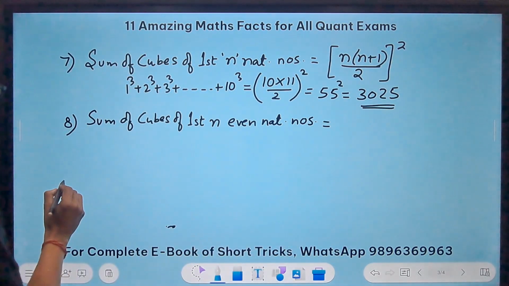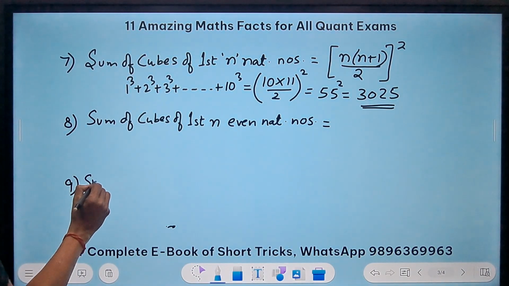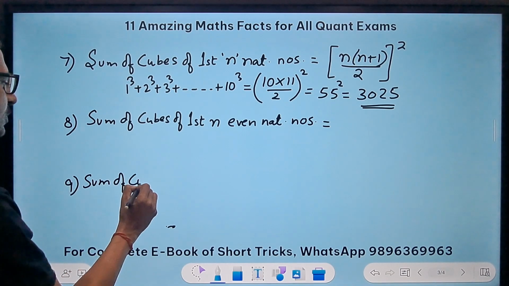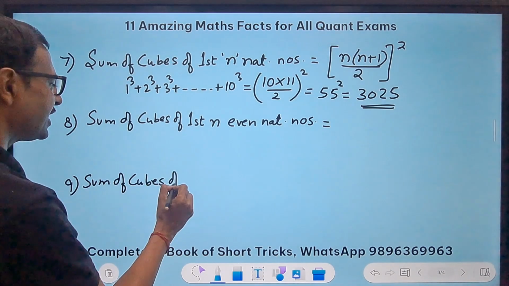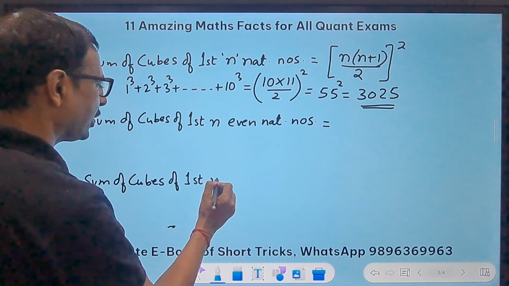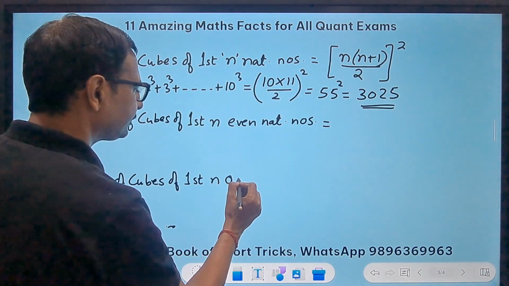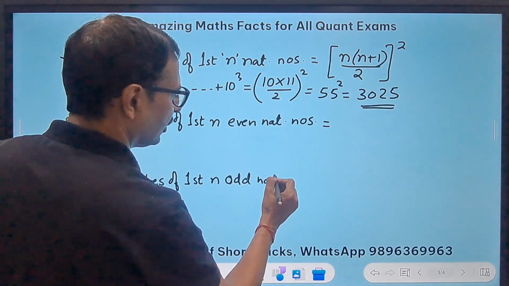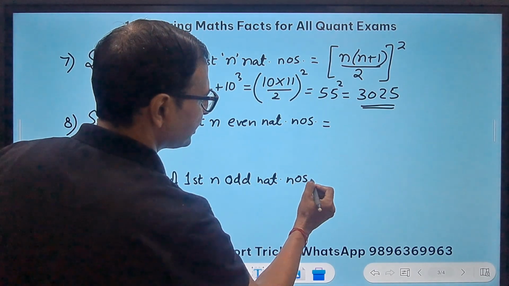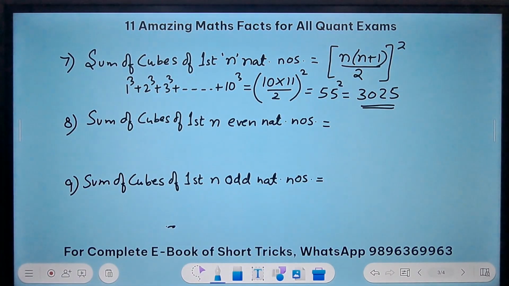And the same thing for the 9th one, I will have sum of cubes of first n odd natural numbers. Okay, odd natural numbers. Now these two formulas, I have written them together. There is a reason for that, because the formulas are a little bit confusing, because when you do both the formulas at the same time, it will be a little bit consuming.